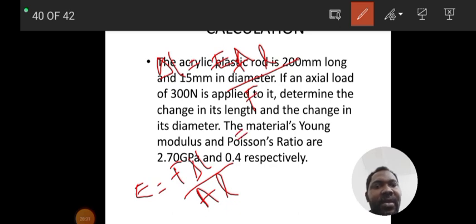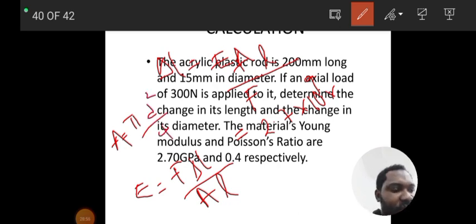Okay, if we substitute values there, the Young modulus is 2.7 gigapascal, which is 2.7 times 10 to the power 9, times the area. We're not given the area, but we can find it. The area is pi d squared over 4. Okay, pi times the square of the diameter divided by 4, which is the diameter squared, 15 millimeters squared, then divided by 4.